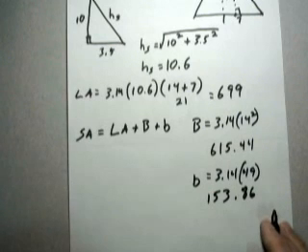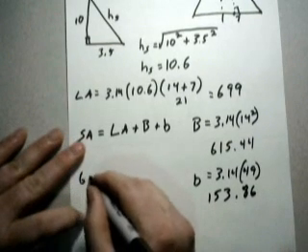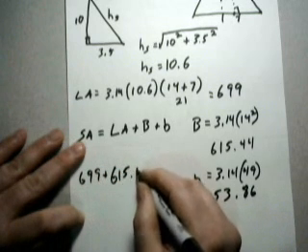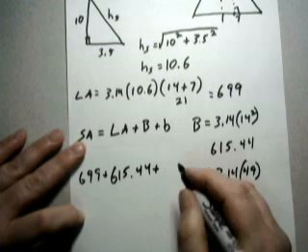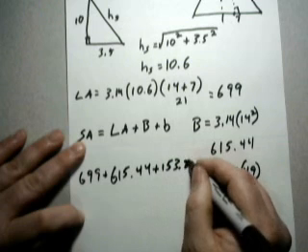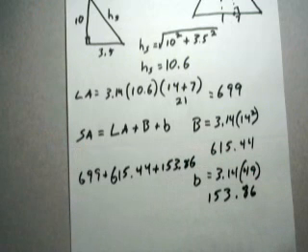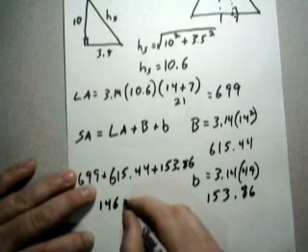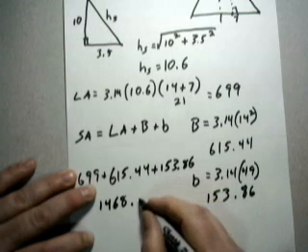So now I just add all of those together. 699 plus 615.44 plus 153.86 equals 1468.3.